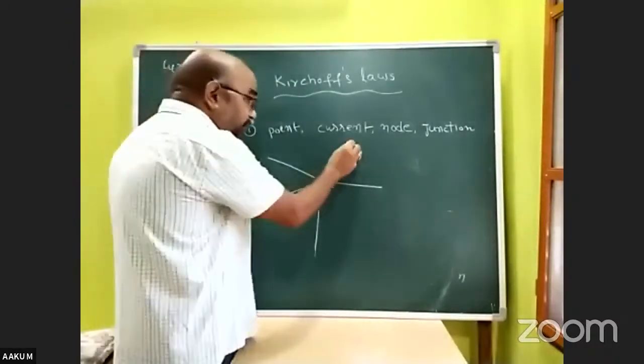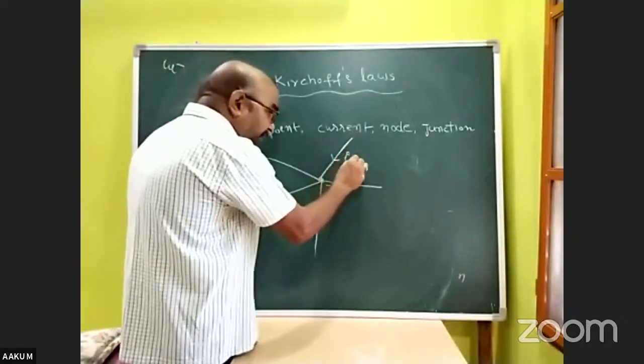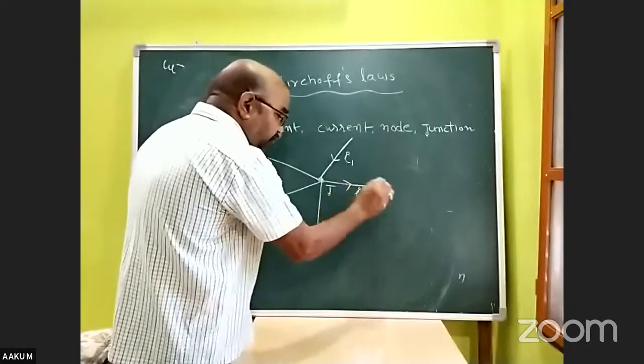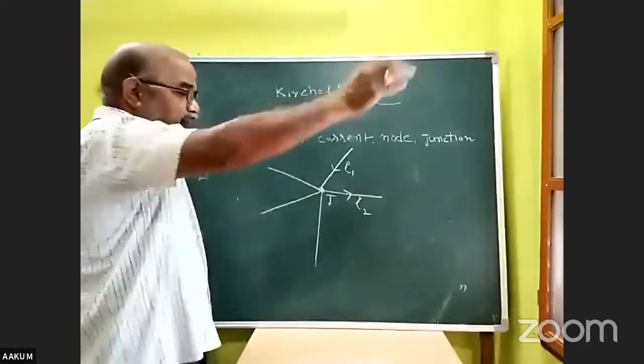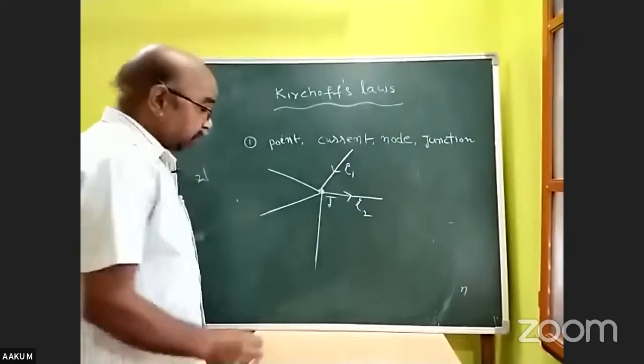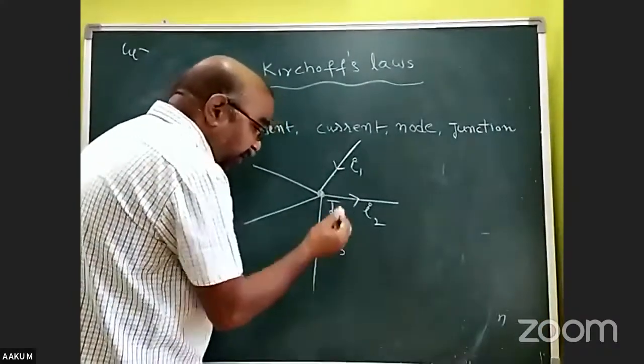To this junction, a current I1 is coming. From this junction J, current I2 is going away. To the junction, another current I3 is coming.